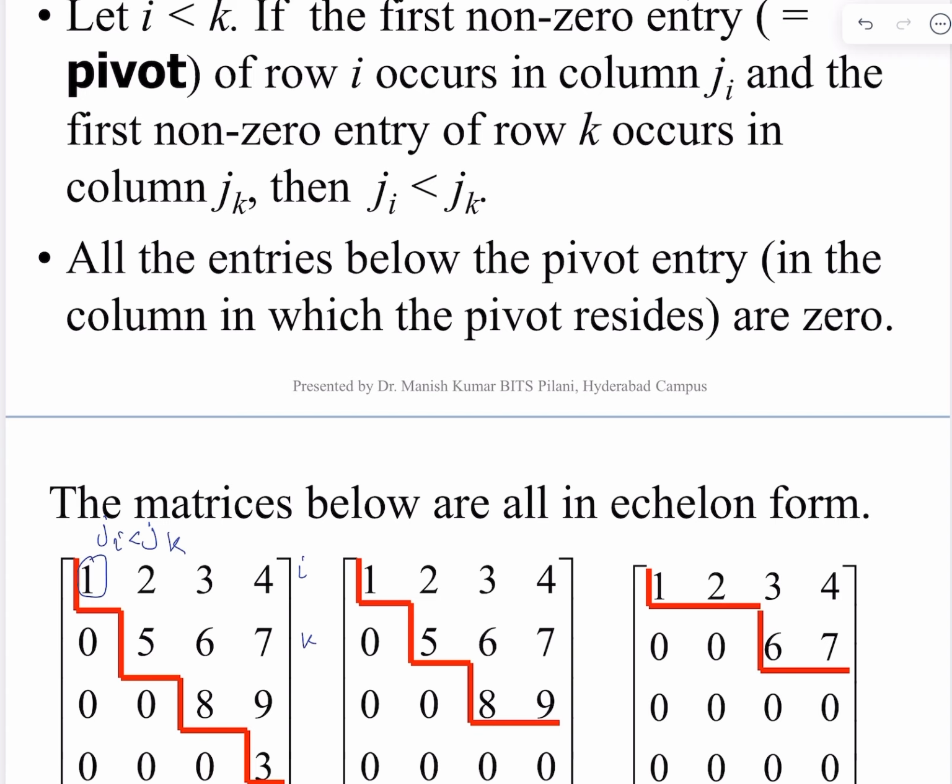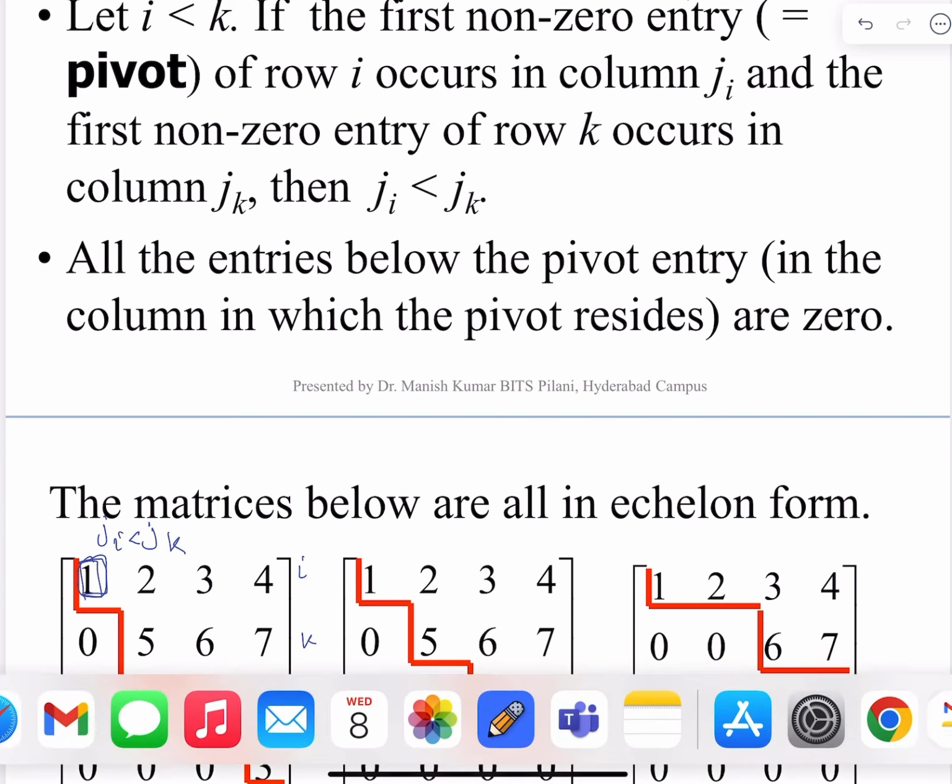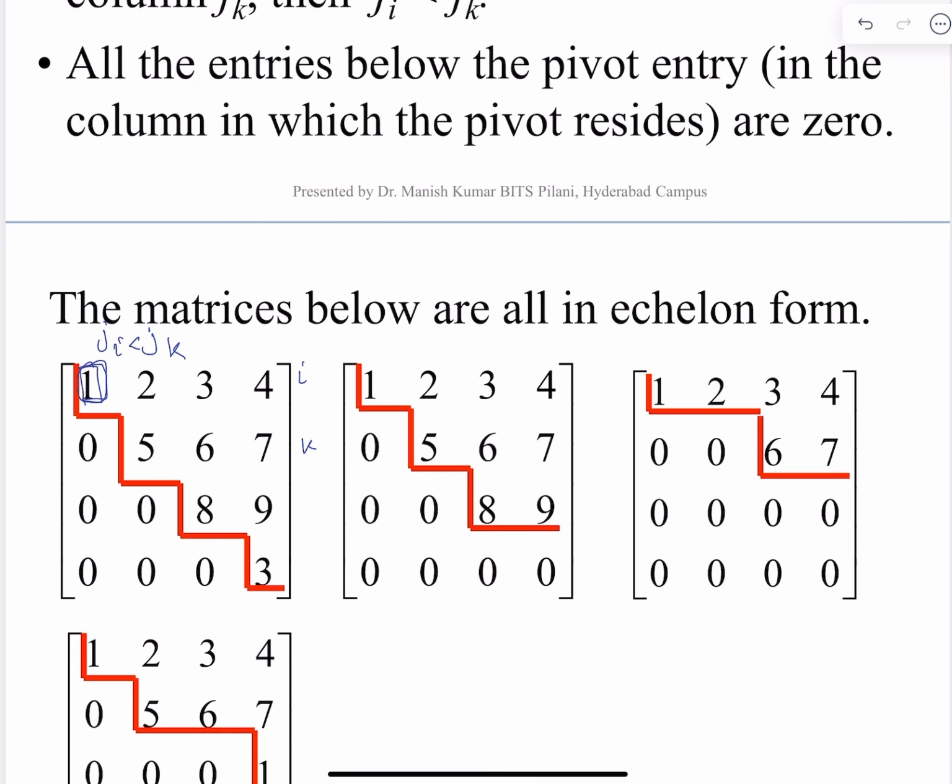All the entries below the pivot entry, in the column in which the pivot resides, are 0. This is my pivot element, and all the entries below are 0. Next pivot element, all entries are 0. Next pivot element, all entries are 0.